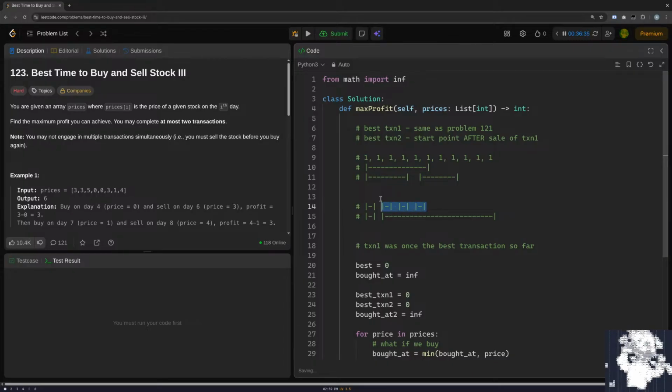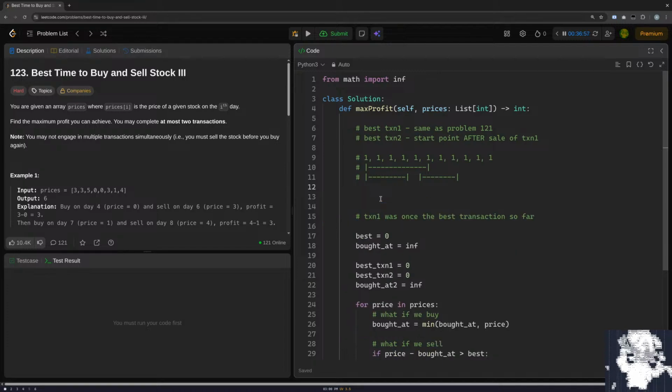Though actually it couldn't do that, because if it started considering this, it would consider the whole thing. Transaction 1 was once the best transaction so far.